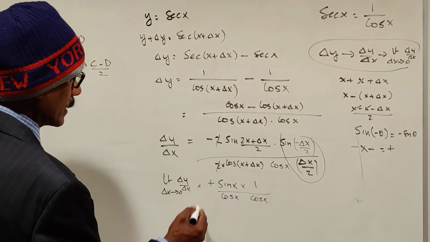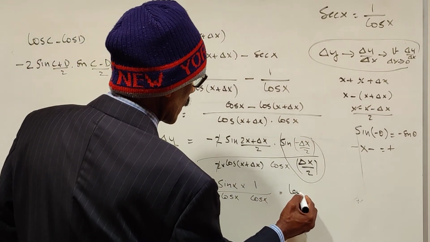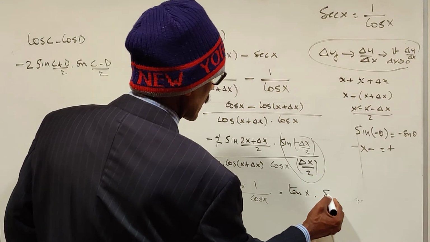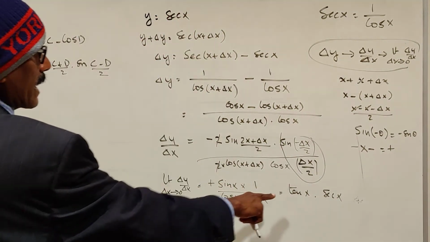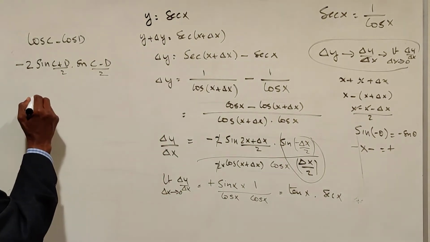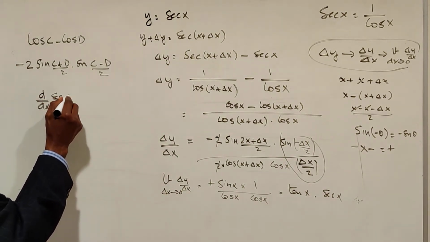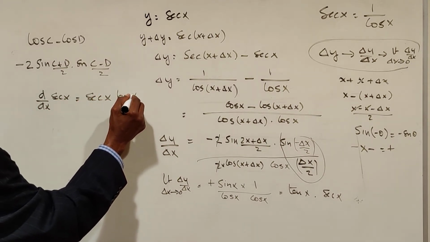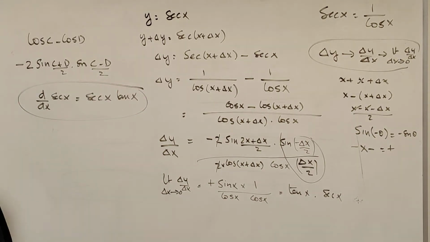See, the answer is sin x by cos x is tan x, times 1 by cos x is sec x. So the derivative of sec x is tan x sec x, or sec x tan x. d by dx of sec x equals sec x tan x.